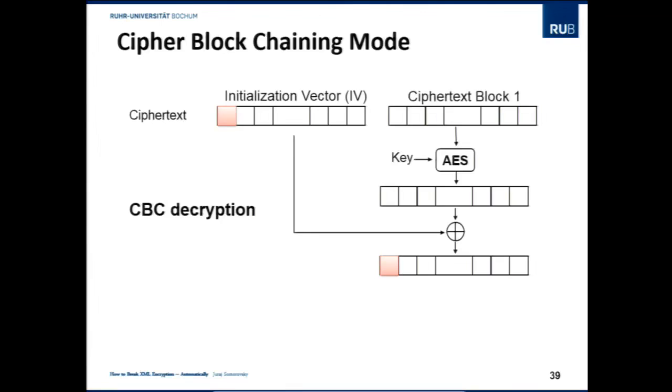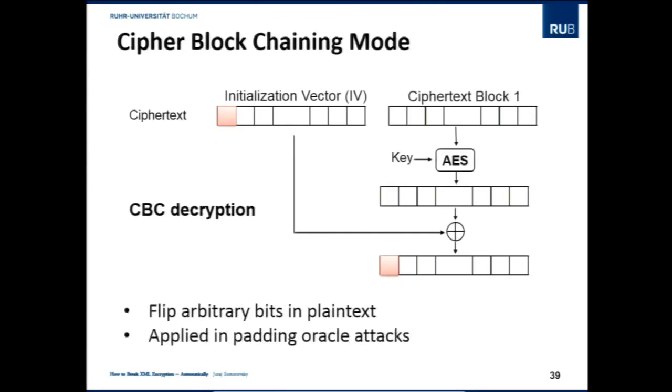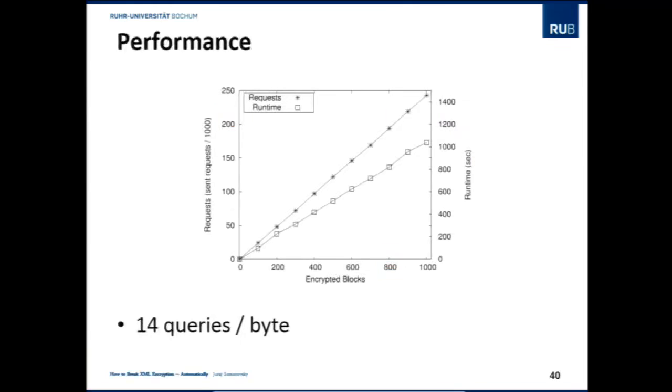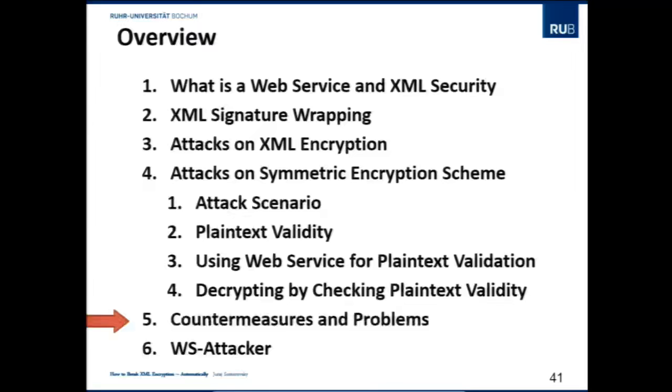So if you flip a bit in the initialization vector, you flip the same bit in the plain text. This is the basic idea behind the attacks, and it was also applied in padding oracle attacks, if you know them, or attacks like POODLE. This way we could decrypt a byte with 14 queries to the server.